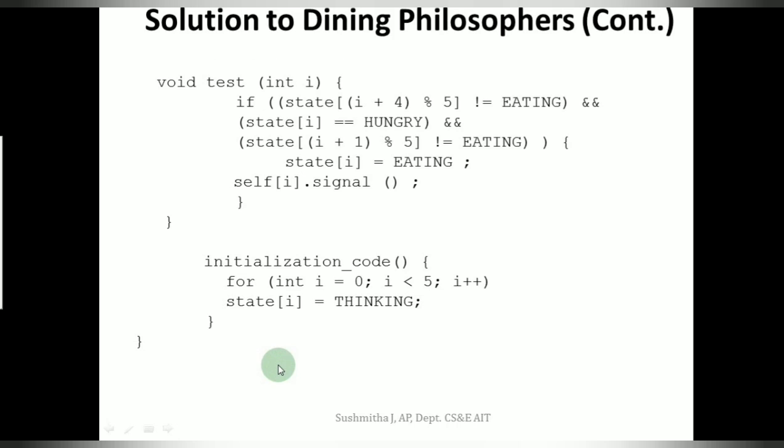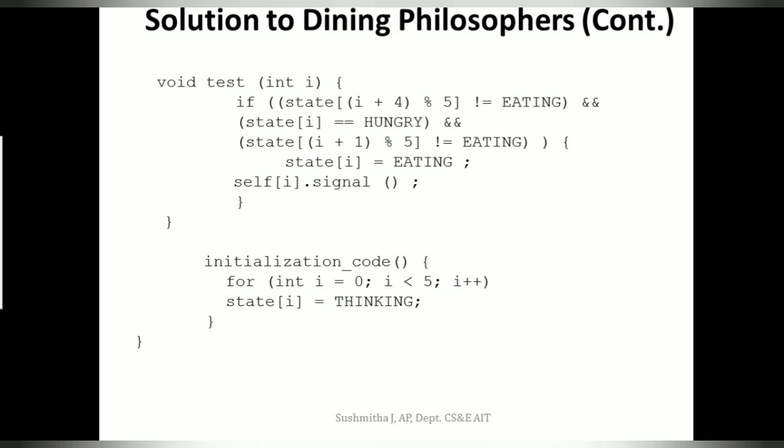Here we are releasing the chopsticks, and the condition fails, and it is going to signal so that the other philosopher or process can be using the resources or the chopstick. If this condition is satisfied, he is allowed to eat. If this condition fails, he will be releasing the chopsticks, so it signals the other philosopher to use the chopstick.